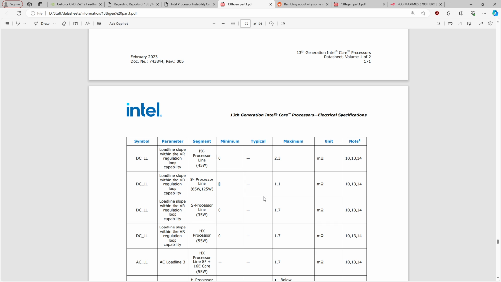So if Intel validates the CPU at the factory with drastically different load line settings than what most real-world high-end motherboards run at, then chances are that CPU isn't going to be stable, right? Because it was tested differently at the factory than it ends up running in the real world.